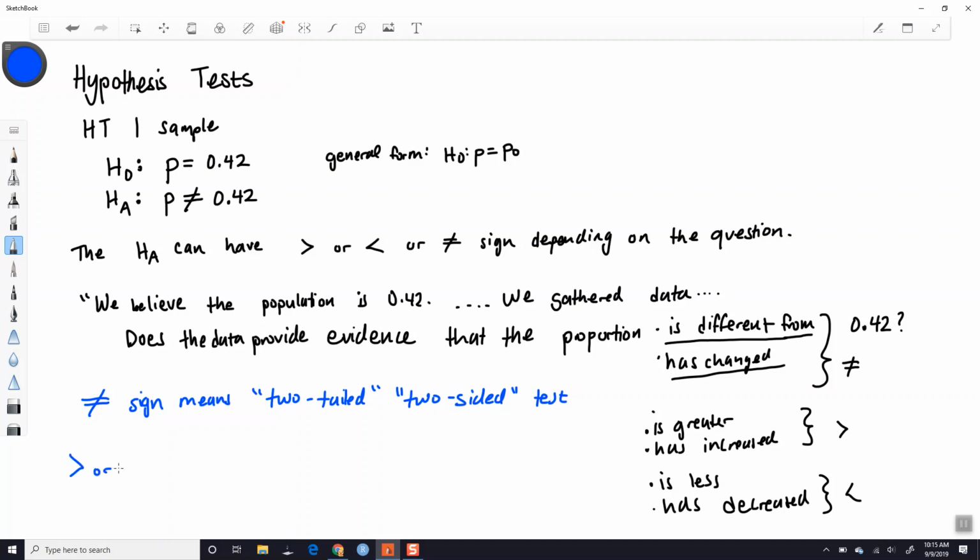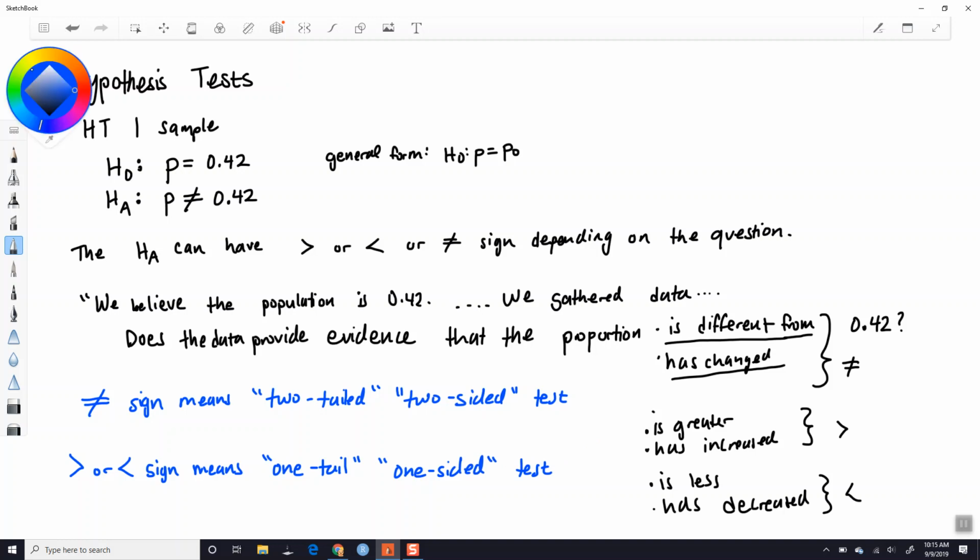And then the greater than or less than sign means we have a one-tail or one-sided test. And the difference comes when we are calculating our p-value.